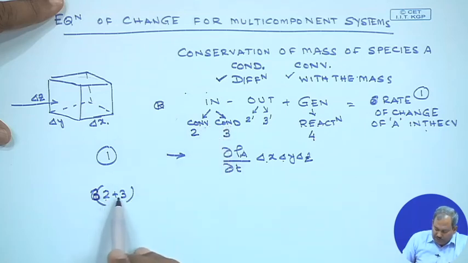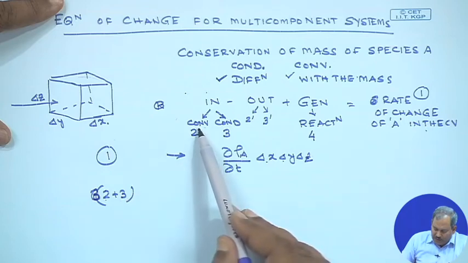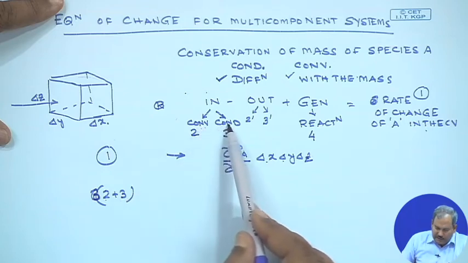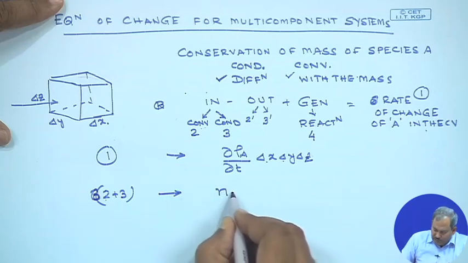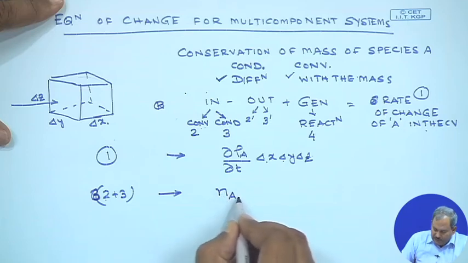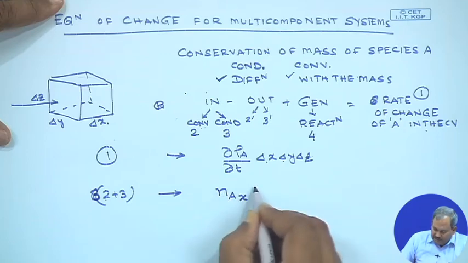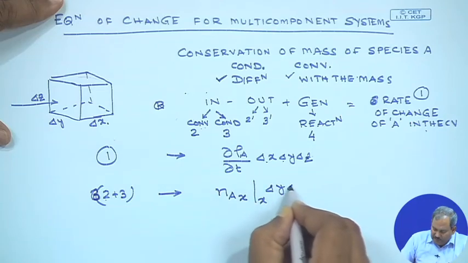So, this is the rate at which species A enters the volume element, and we realize that it is going to have a contribution of convection and conduction. So, 2 plus 3 would basically give you the mass flux of A in the x direction, which is evaluated at x, times del y del z.